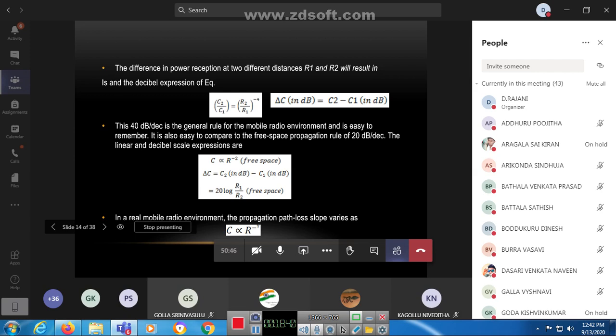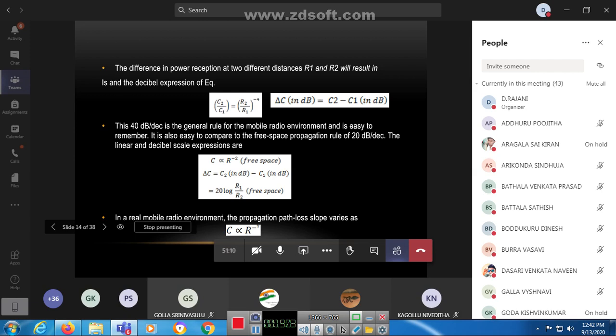Two different receptions are C2 by C1, two different distances are R2 by R1. So C2 by C1 is equal to R2 by R1 to the power of minus 4. The change of the receptions in decibels is equal to C2 minus C1 in decibels only.